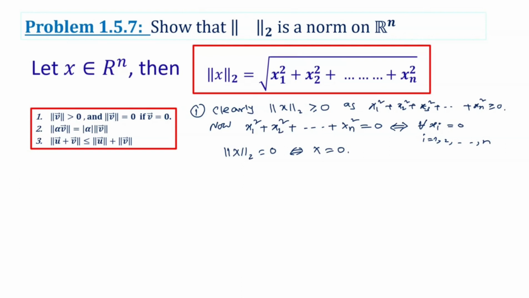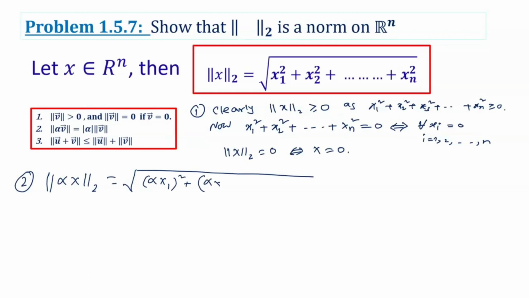Now we come to the second property. For the second property, the norm of alpha x2. Since x belongs to Rn with x1, x2, xn as the components, this will be defined as the square root of alpha x1 whole square plus alpha x2 whole square plus alpha xn whole square.